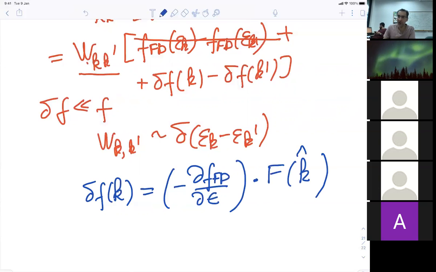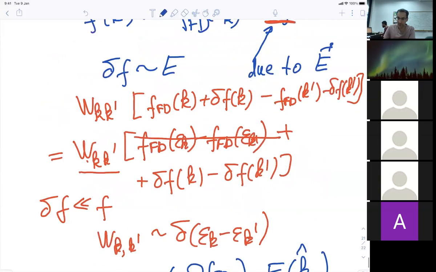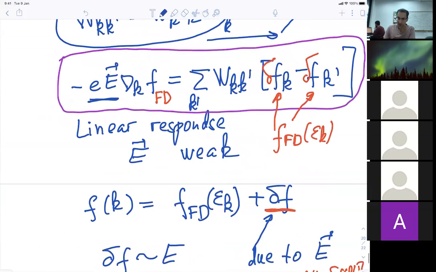But we are jumping a little bit ahead of ourselves. So what we see from here is an integral equation. Strictly speaking, what we got is an integral equation.